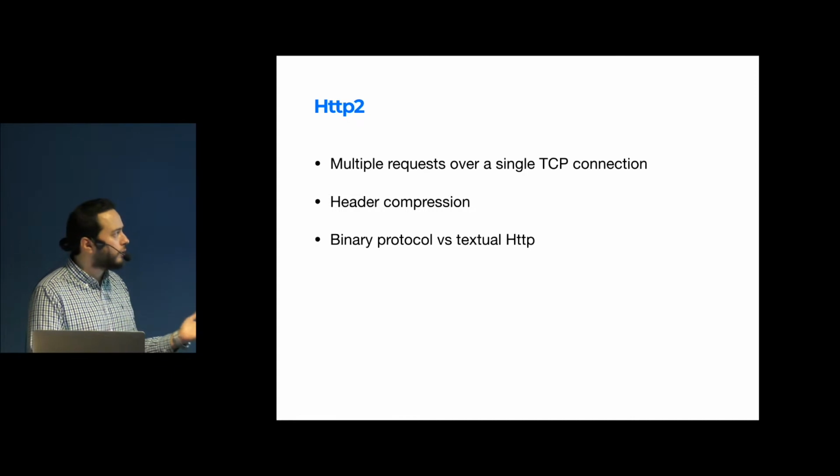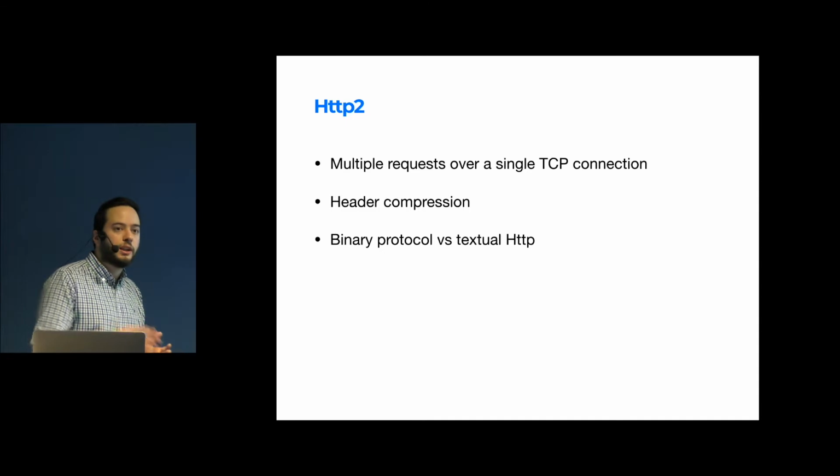You are able to do multiple requests over a single communication channel, which means that you don't have to exchange the headers all the time, or define which HTTP method you want to use. It also supports header compression, which means that if you're not going to change the header in a request, you are able to send it in a much more compressed way.